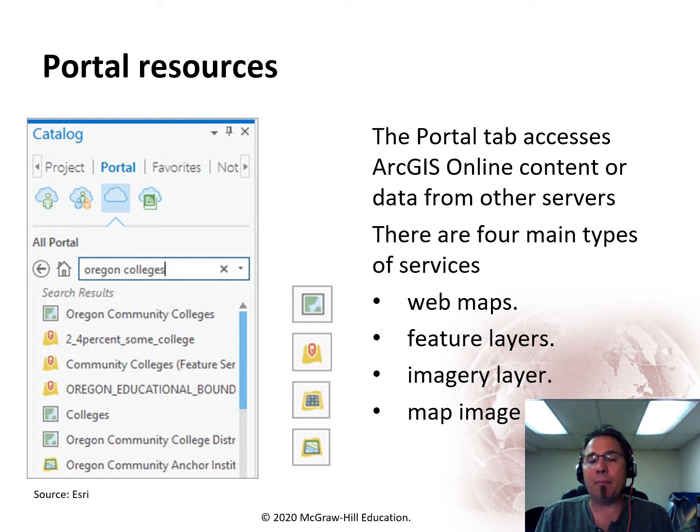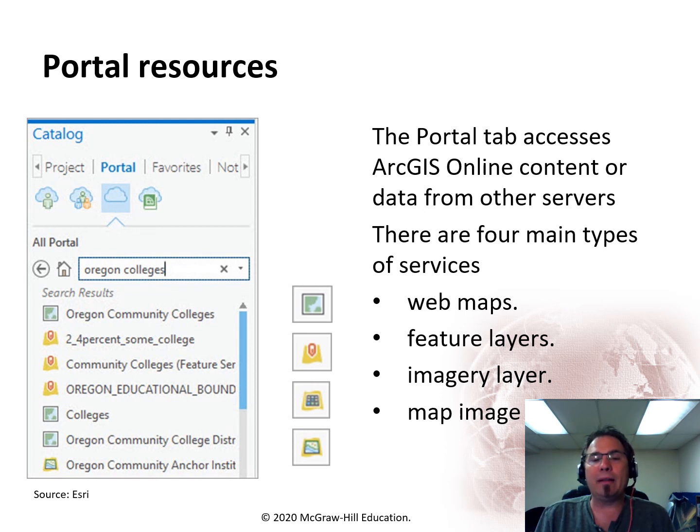And if the data set passes those tests, they're allowed to put them in the portal, and then they're shareable. So you can literally type in all kinds of things and find data sets that people have created and literally just drag them onto your map for the most part. Not always. Not always. You know.